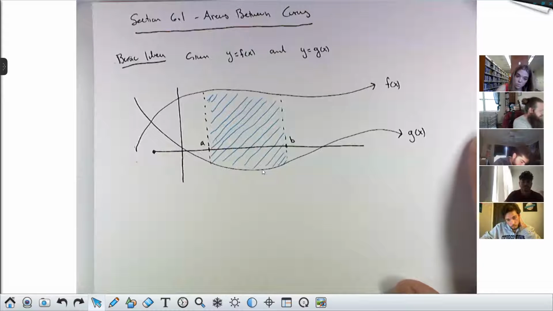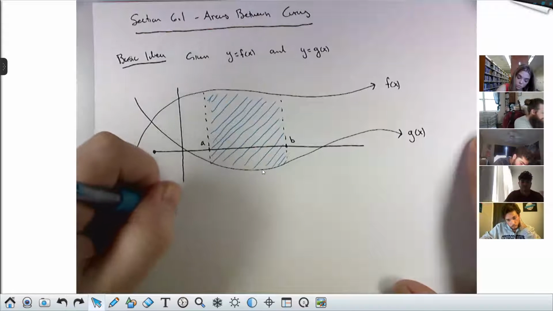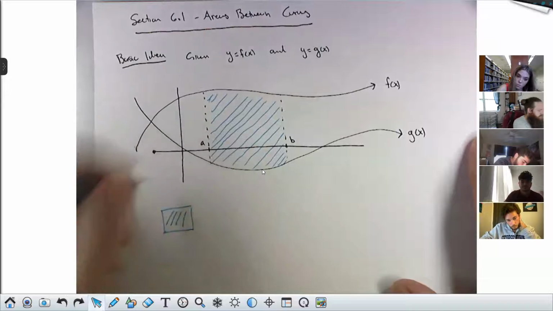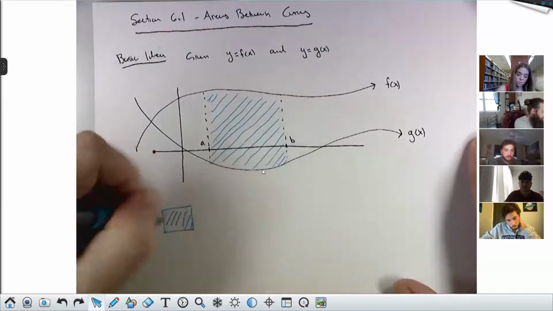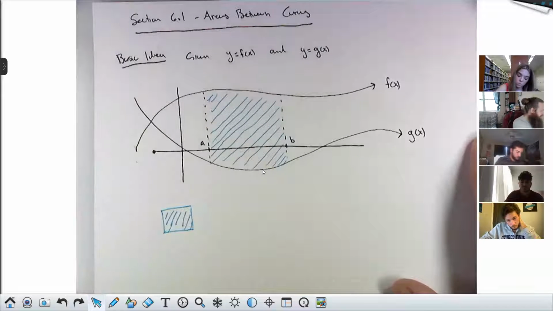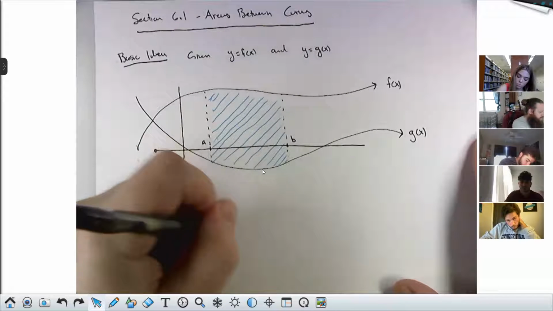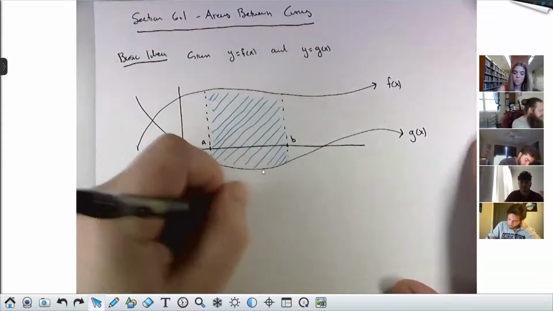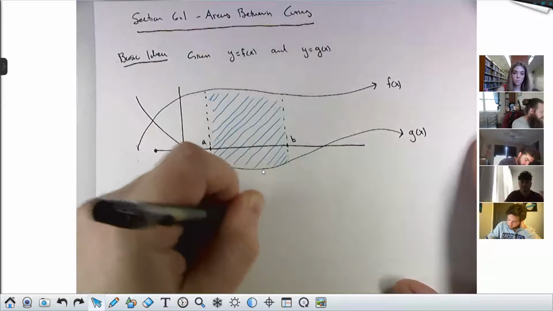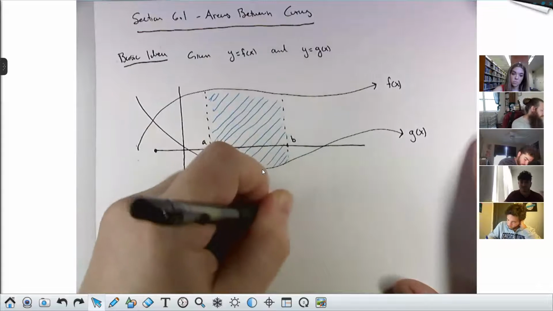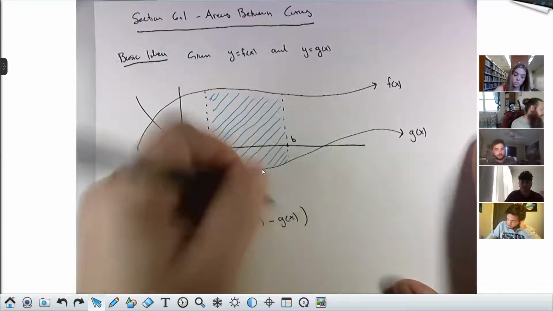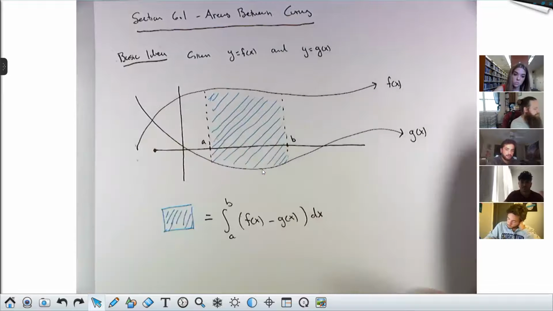I will just tell you that this blue shaded area here would be equal to the definite integral from a to b of f of x minus g of x dx.